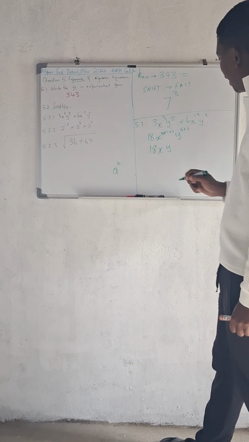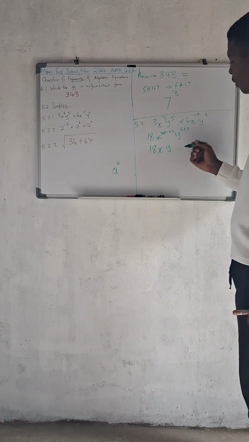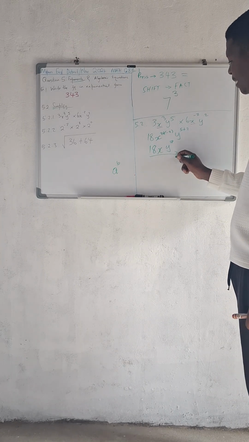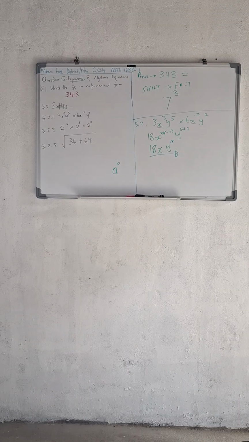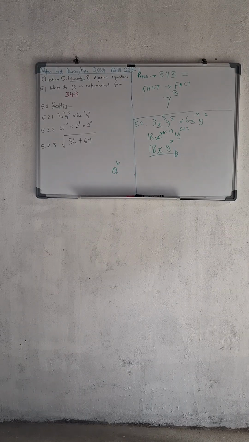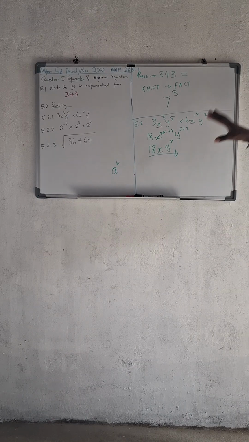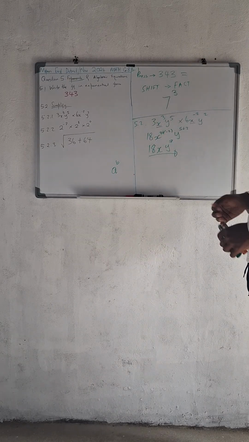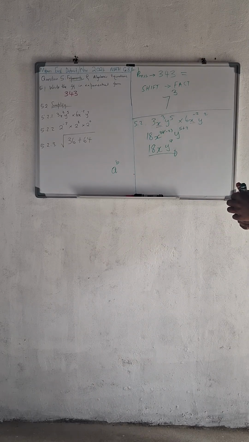So let us go to y. What is 5 plus 2? It is a 7. There is nothing you can do further here. So your answer is 18xy to the power of 7. I hope you understand this. Exponents are very important. You'll find questions like these, and then you need to tackle them the way I did.